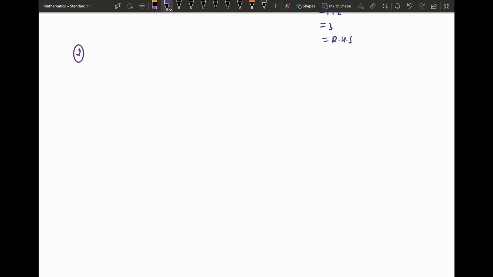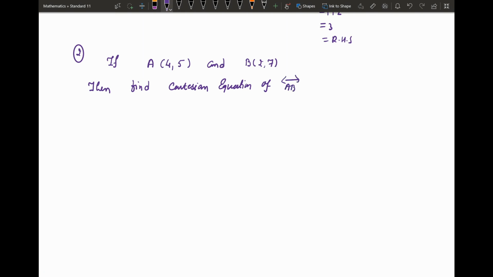Now another example. If A is (4, 5) and B is (2, 7), then find the Cartesian equation of line AB.